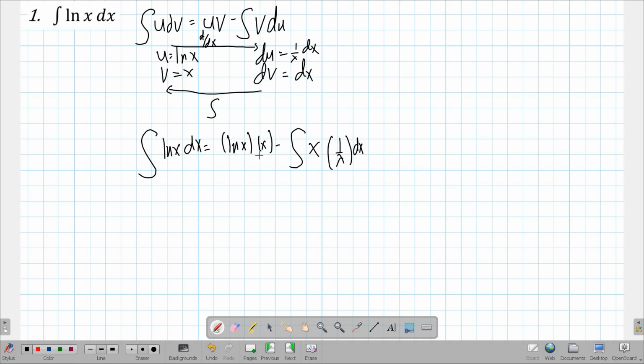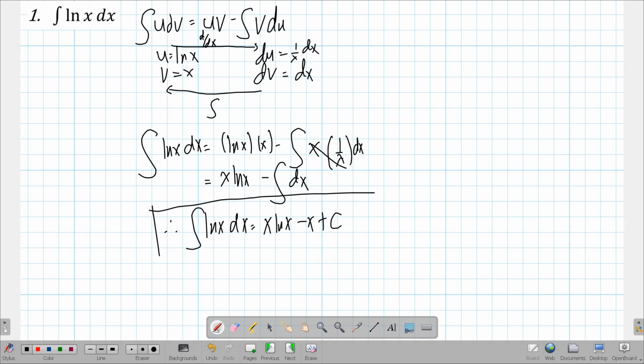We'll rewrite this in a specific order so that it's not confusing. So we can write it as x ln x minus the integral of dx, because the x's cancel, and we know the integral of dx is simply x. Therefore, the integral of ln x dx is x ln x minus x plus c. You might want to factor out that x, but you can also stick with this form.